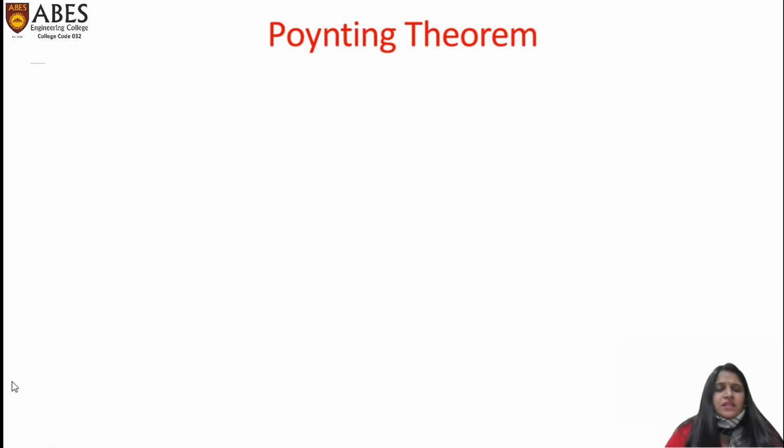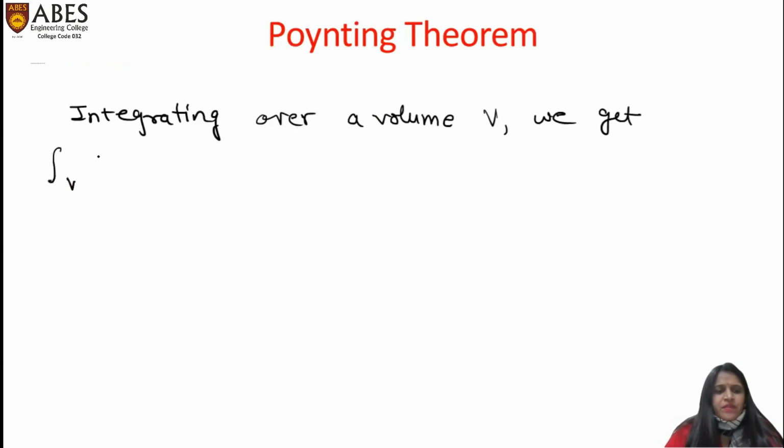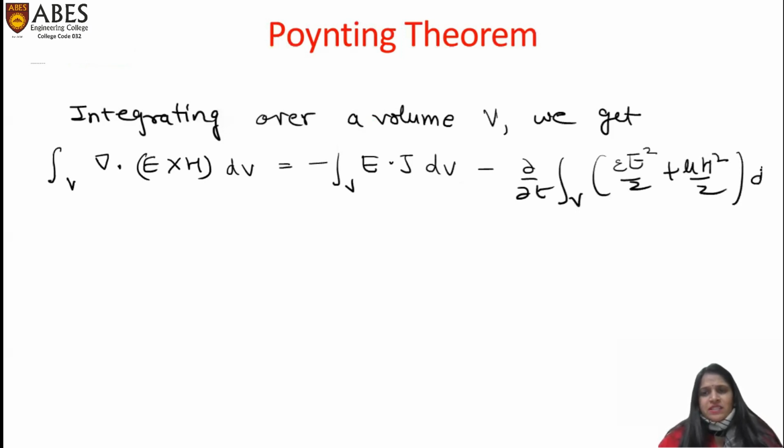So we are going to integrate equation 5 over a volume V. What we get from equation 5: volume integral del dot E cross H dV is equal to minus volume integral E dot J dV minus del by del T volume integral epsilon E square by 2 plus mu H square by 2 dV. This is equation number 6.